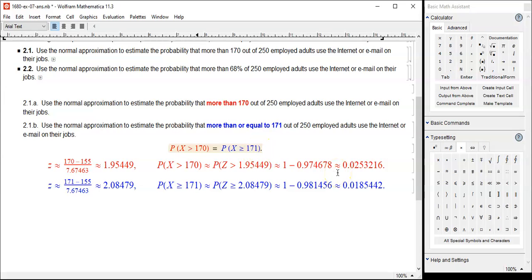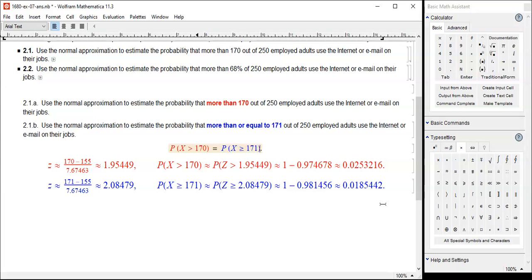That's because the original random variable x is discrete. It takes only integer number of people. So greater than 170 and greater than or equal to 171 should be the same. But if you take a continuous random variable, then they're different, and that's why we have this kind of error.